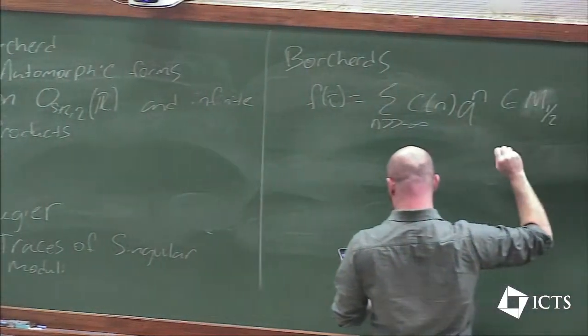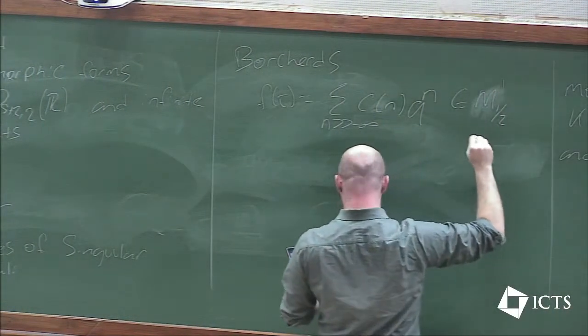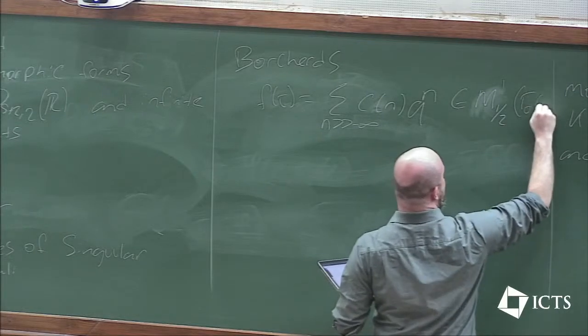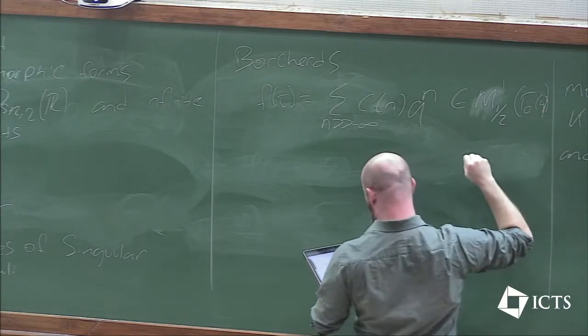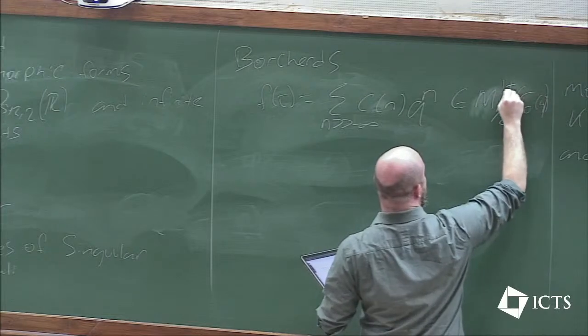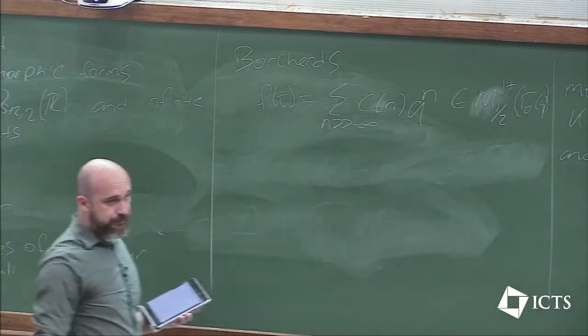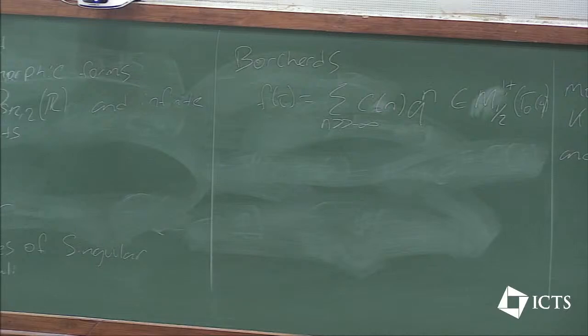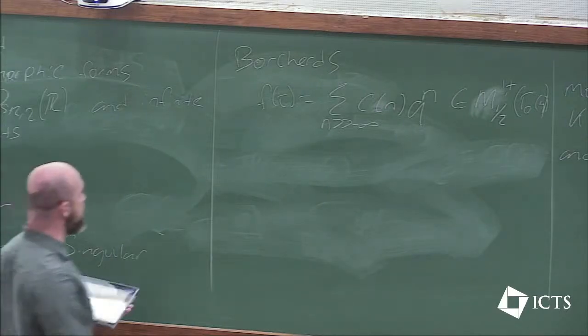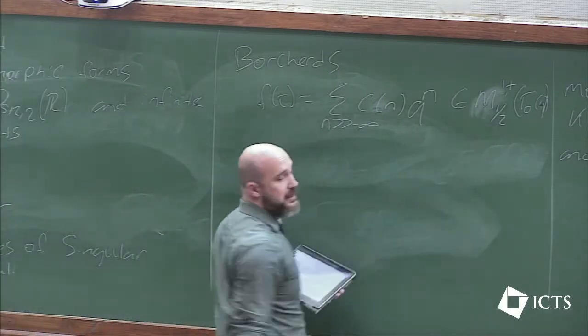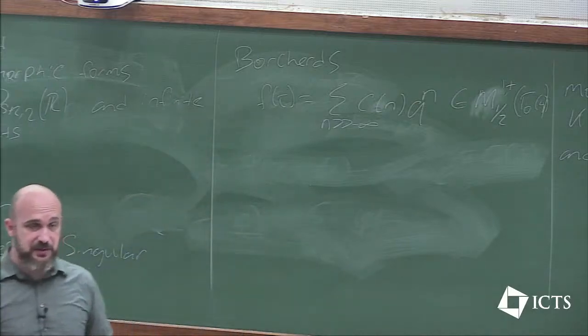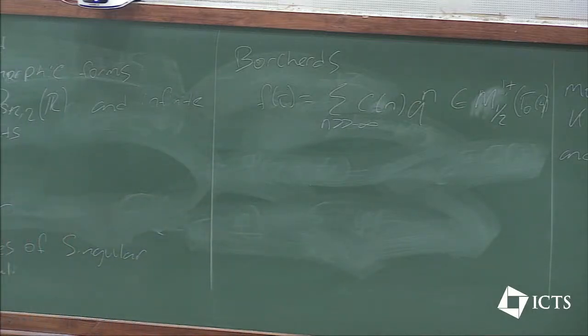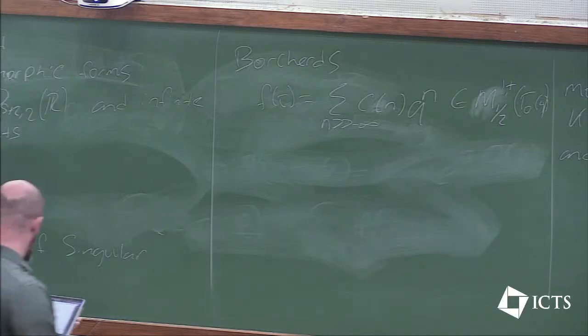And we're going to focus on weight 1/2, gamma naught of 4, and I should make this the plus space. Again, generally, this works on vector-valued modular forms. It works on things with higher weight. You just have to change some of the formulas. But this is a very nice, simple situation where things fall out very beautifully.